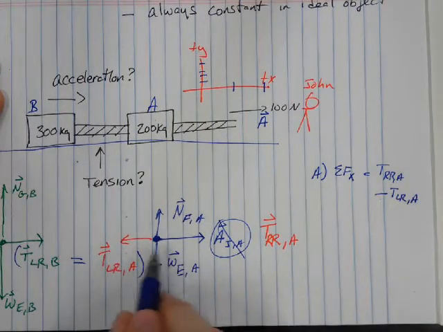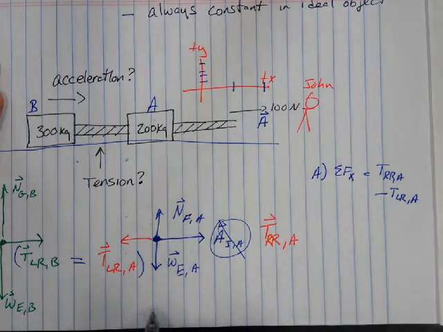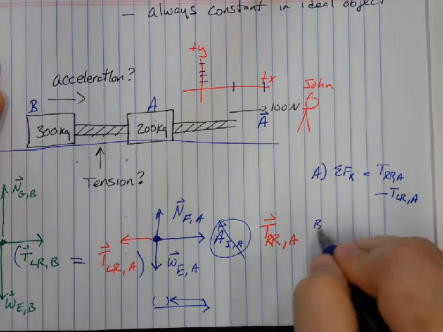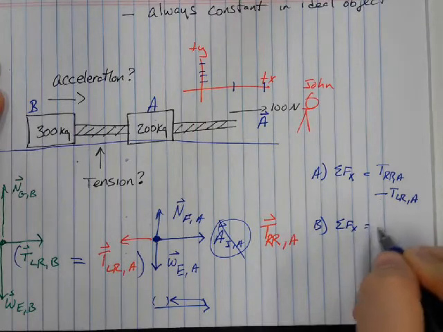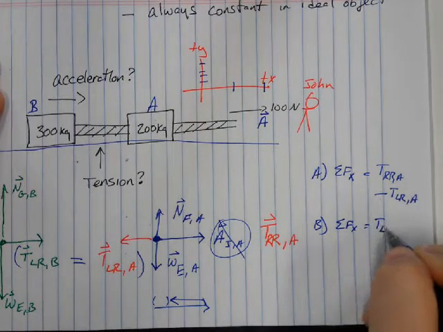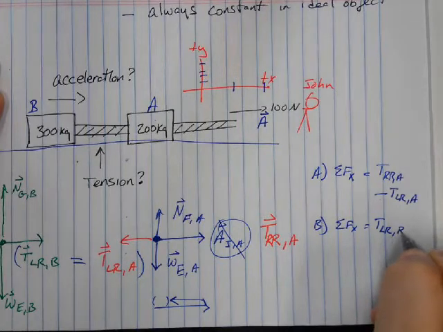We're doing a vector addition of these. So it'll look like this plus that. That's what it's going to look like. And so the sum is going to be that little bit there. And then on B, the sum of forces in the x direction is just the tension in the left rope on B.